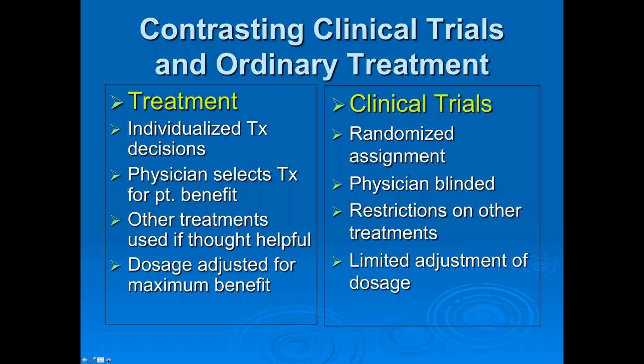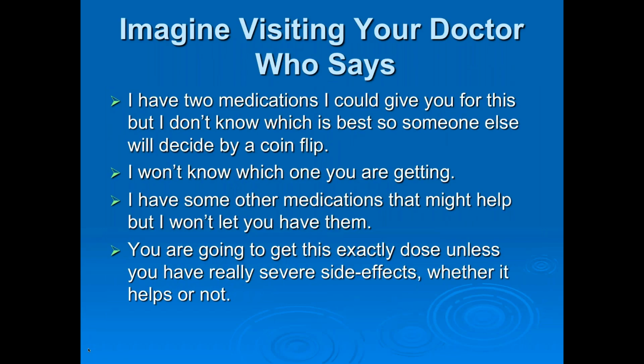In clinical trials, we restrict those treatments for good reasons, but that's a different issue. And the dosage is going to be adjusted individually for maximum benefit, and usually in a clinical trial we will limit the amount of adjustment you can do.